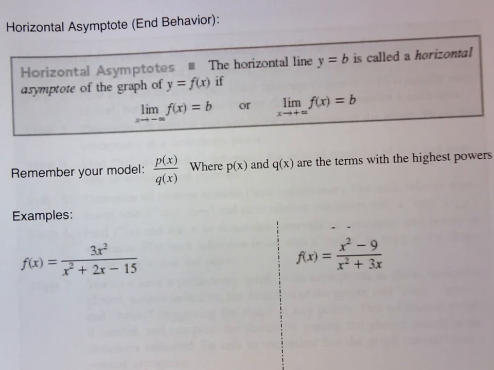There are functions, and if you were to take trigonometry in particular, things that we don't deal with too much here, that can have more than one horizontal asymptote. It could have a horizontal asymptote as x goes to infinity and a different one as x goes to negative infinity.